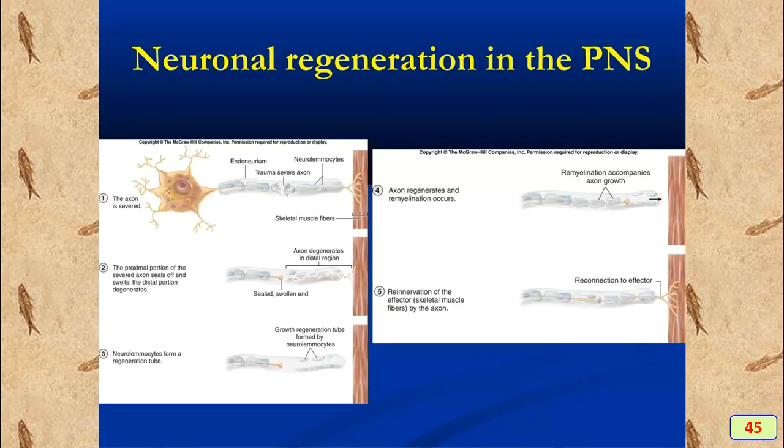In the peripheral nervous system, once the nerve is damaged, regeneration is a very slow process, and once the nerves are damaged, it's very difficult for regeneration to occur. But it takes place very, very slowly.